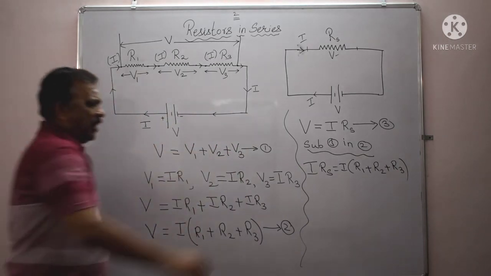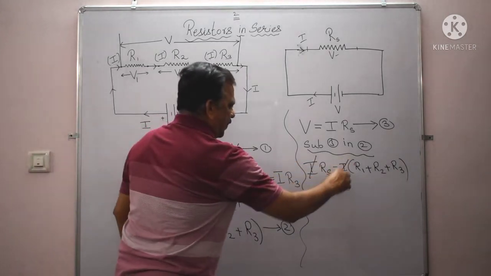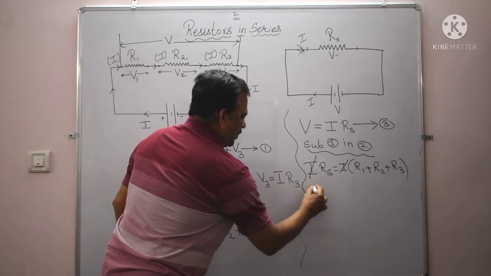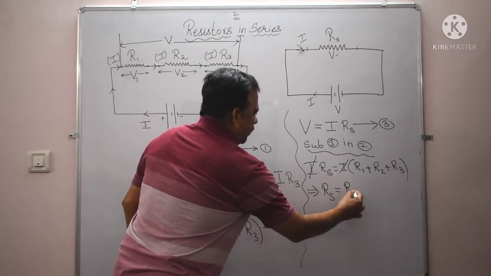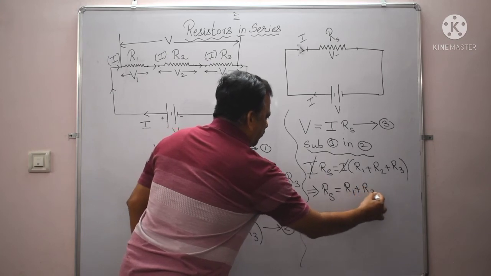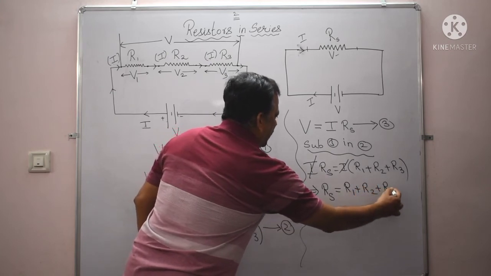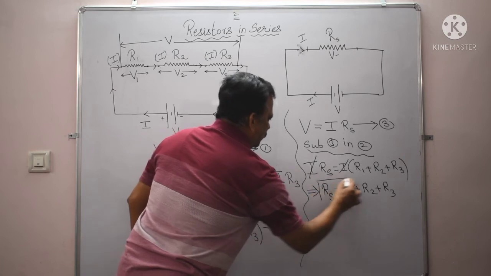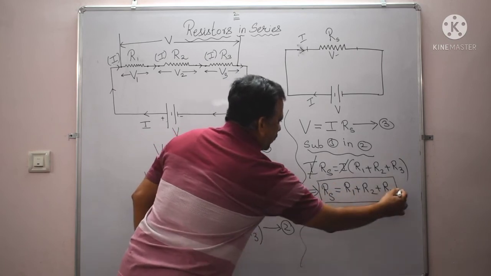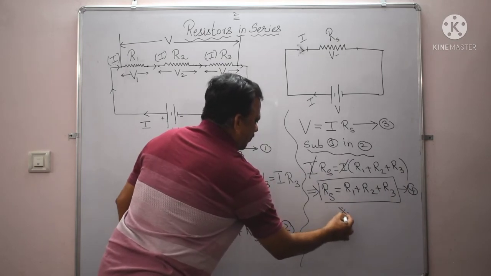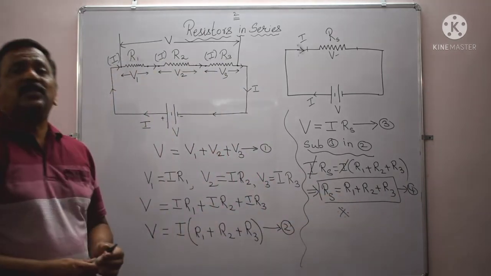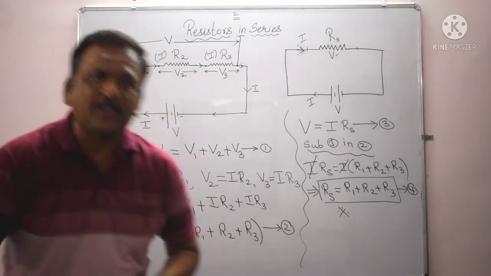So I can cancel I and I. So this implies the effective resistance RS is given by the sum of individual resistances. So expression 4 gives me the formula to find effective resistance in series combination.